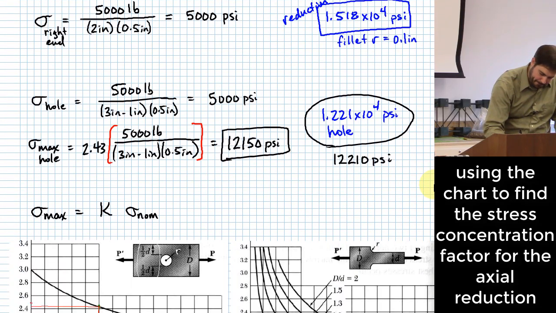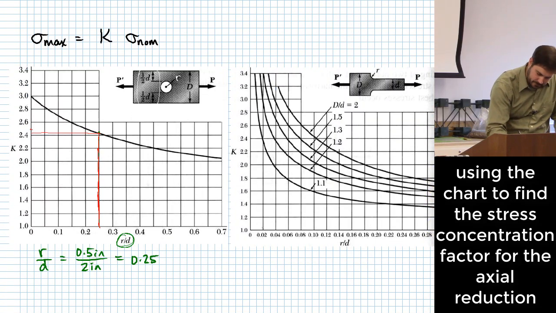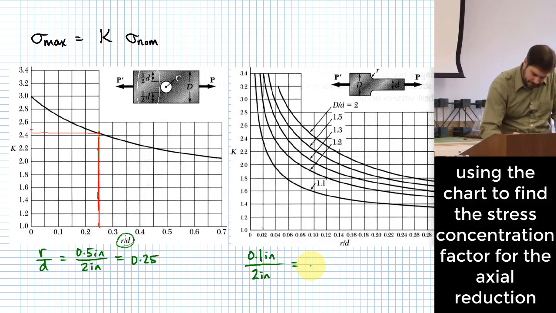So r over d is going to be what? 0.1 inch over, what's d? 2 inches. It's the width of the narrower part. This will be what? 0.05.